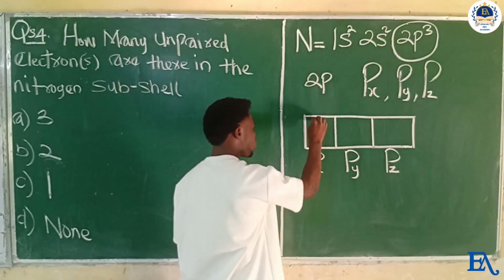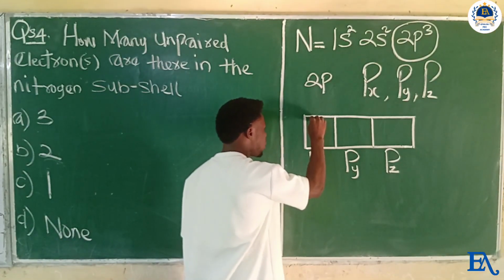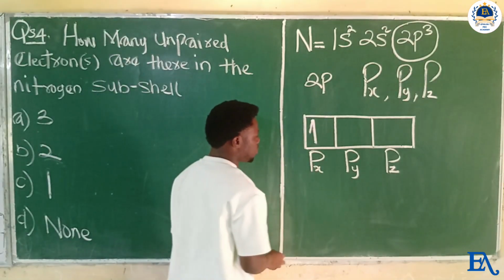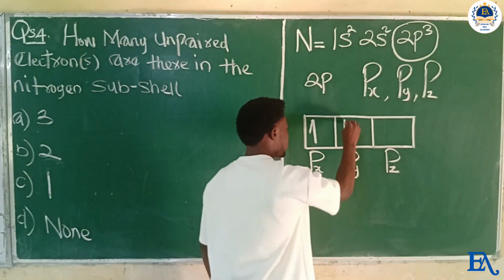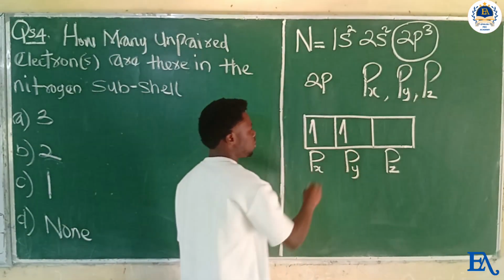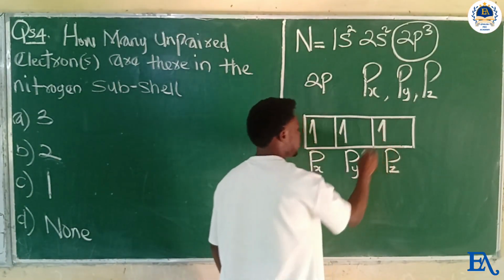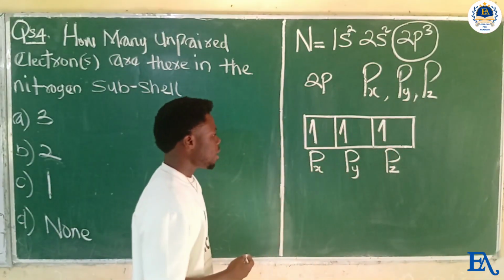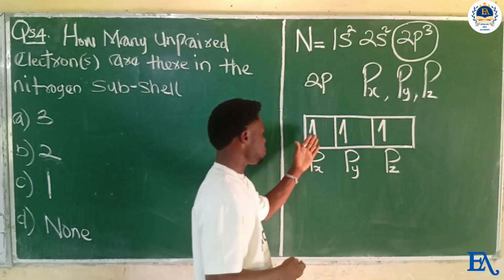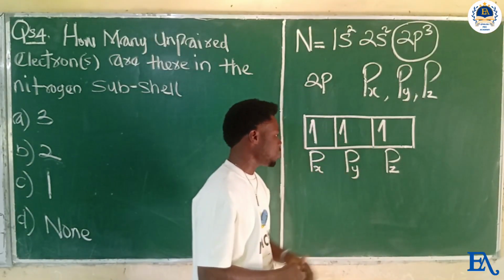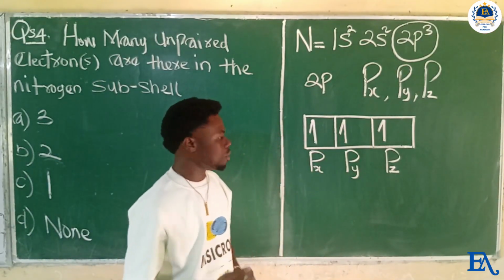According to Hund's rule, we have 1 electron in the first orbital, another 1 electron in the second orbital, and 1 electron in the third orbital. Electrons occupy each orbital singly before pairing takes place in a degenerate orbital.